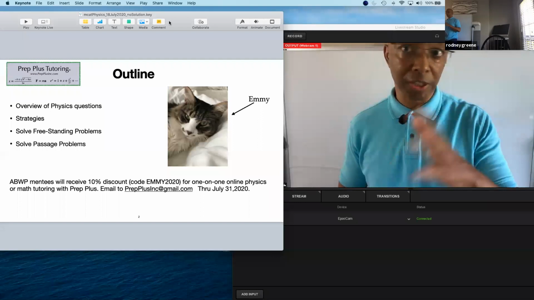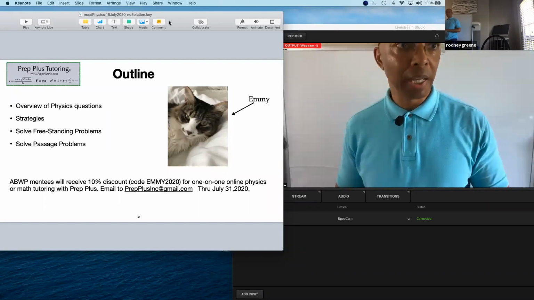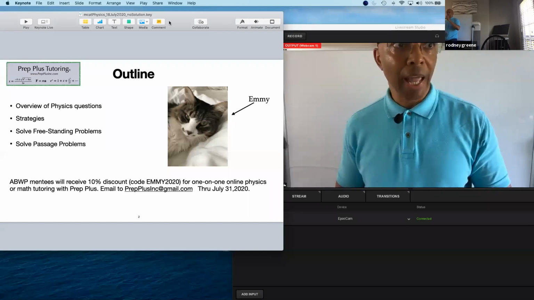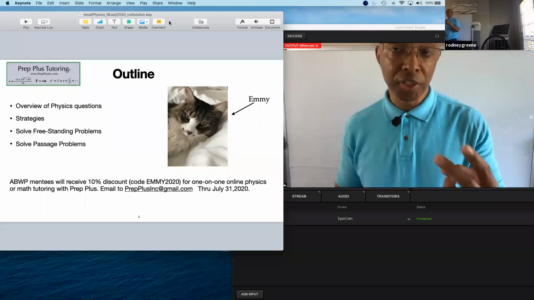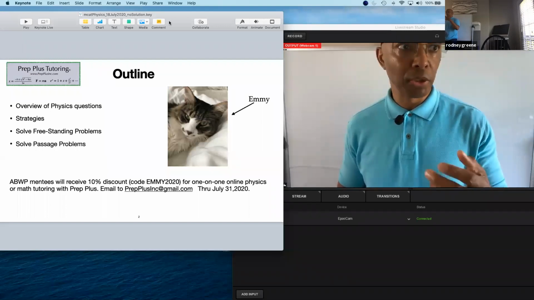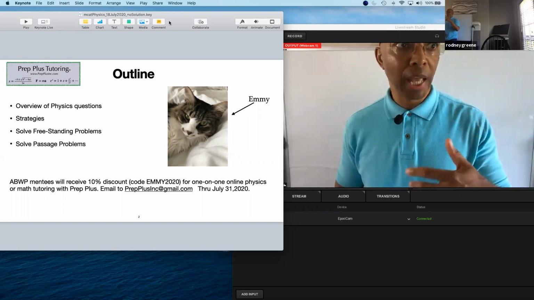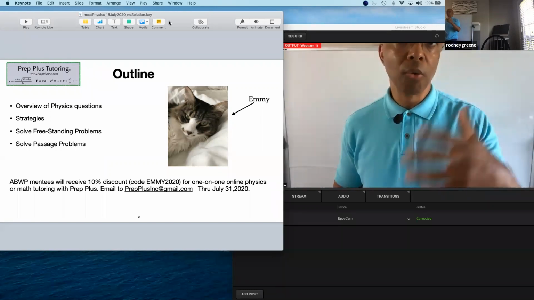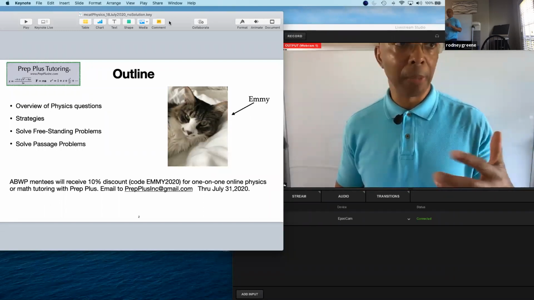I'm sure you've heard about different strategies for taking standardized tests, but I'll give you some strategies today. There are two types of physics problems on the MCAT: so-called freestanding problems and passage problems. We're going to spend the lion's share of today working through some example freestanding and passage problems.